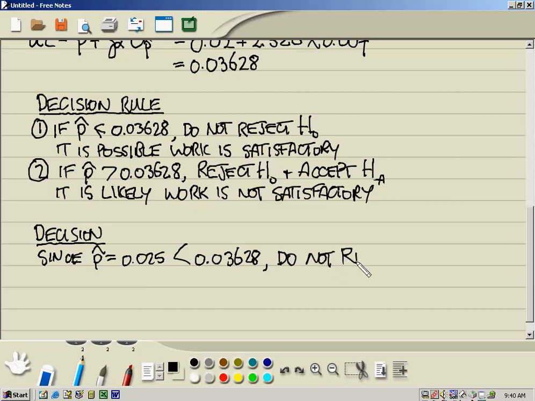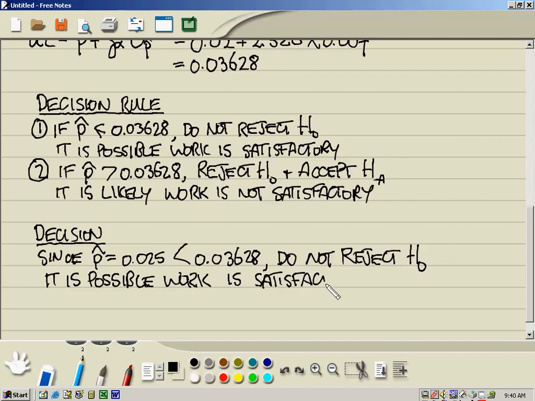Alright, so that's well within the region that we fully expect to see sample proportions if the work is satisfactory. Alright, so it is possible the work is satisfactory. And that's the end of the test done in that particular manner.